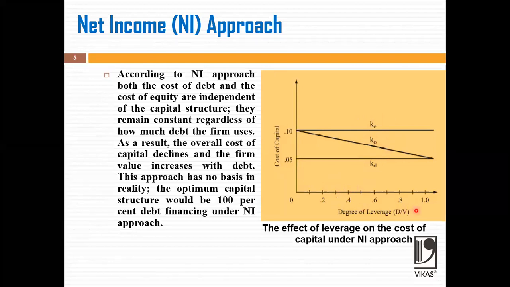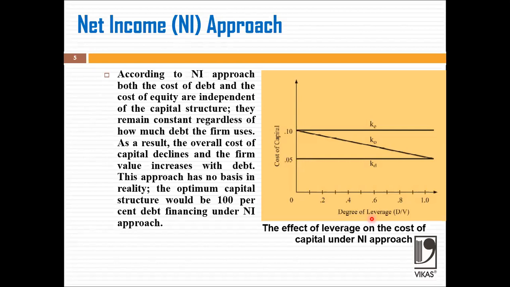Here you can observe this x-axis. Here, the degree of leverage. Degree of leverage means, first we will understand what the term leverage is. So leverage means, assume that there are two companies.